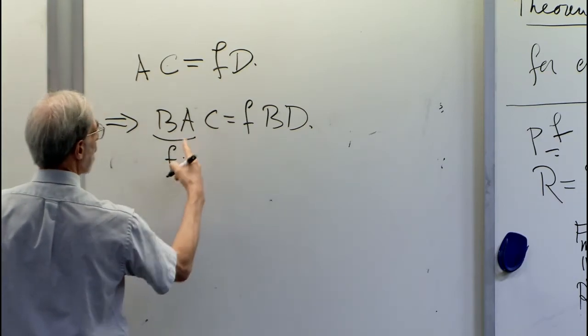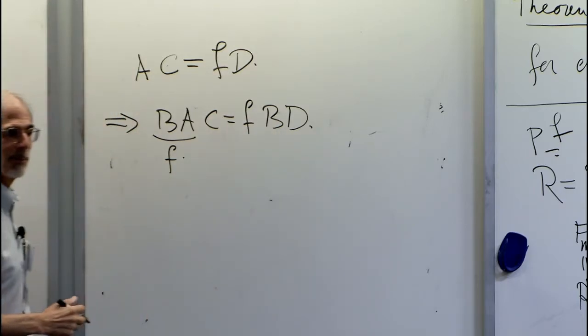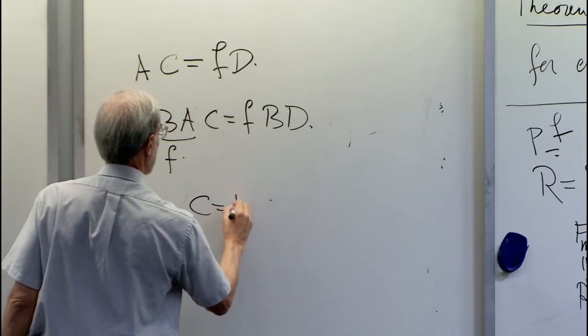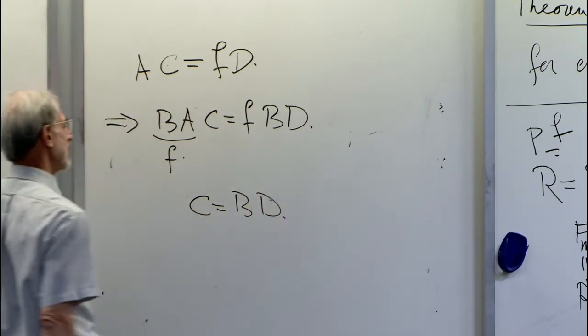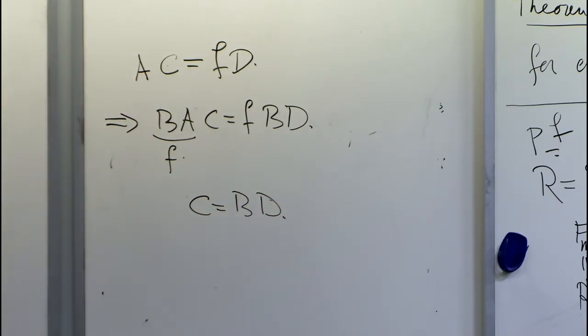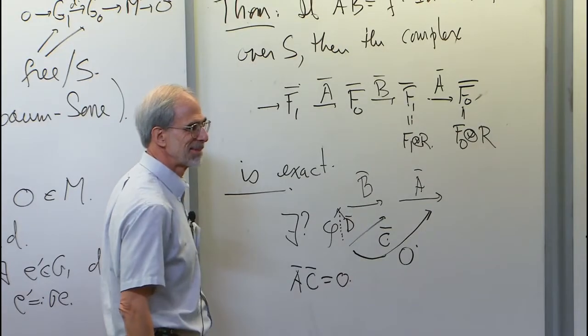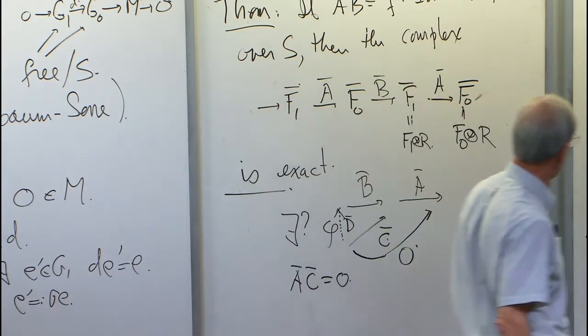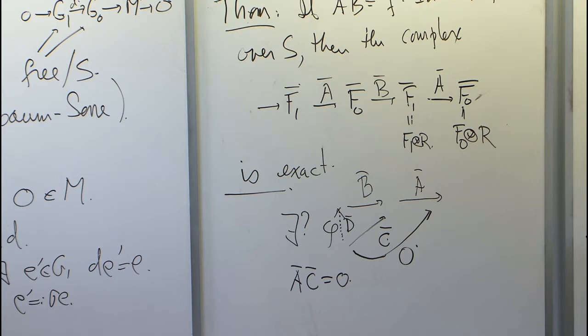So F times C is F times BD. I cancel the F's, so C equals BD. That's what I wanted. This is D bar. Bingo. I set phi equal to D bar. Okay, so that was easy.